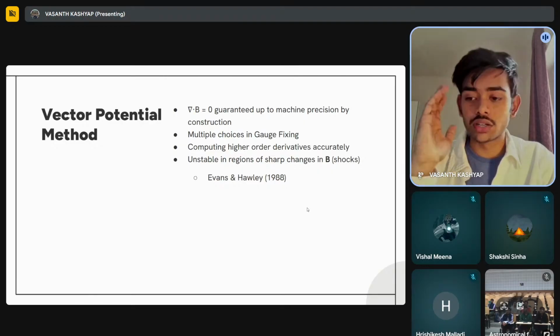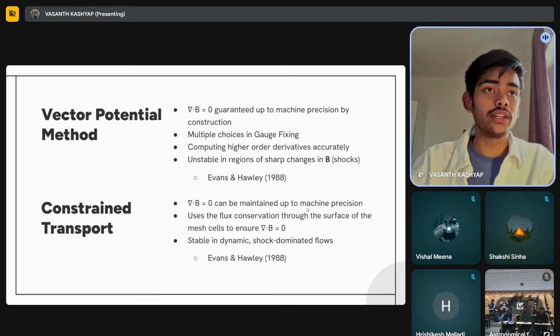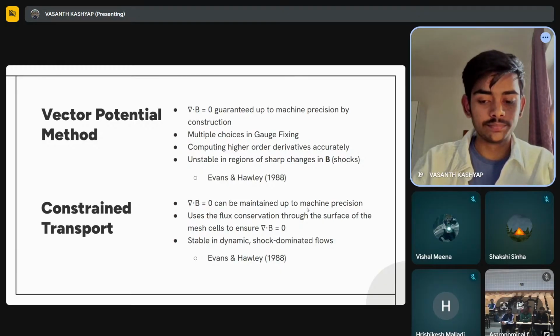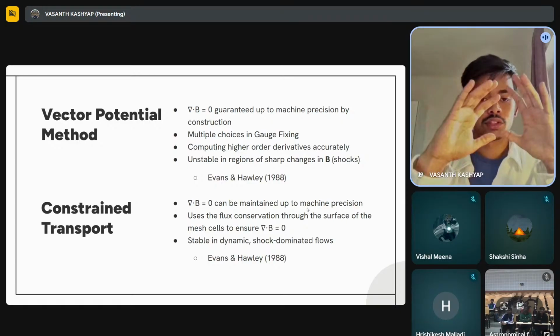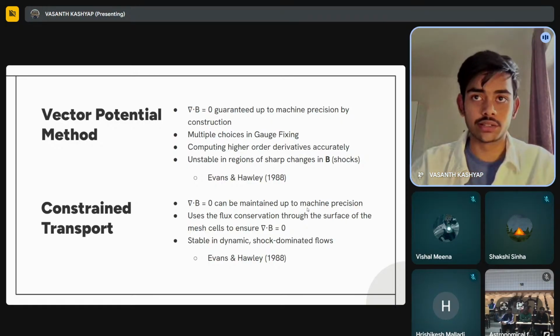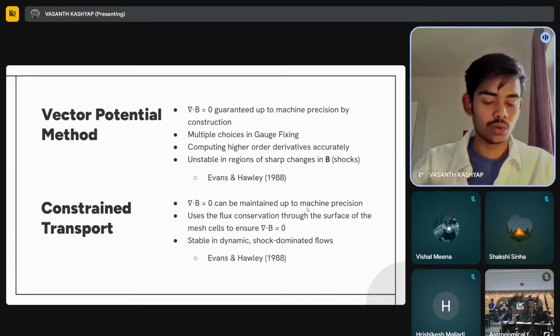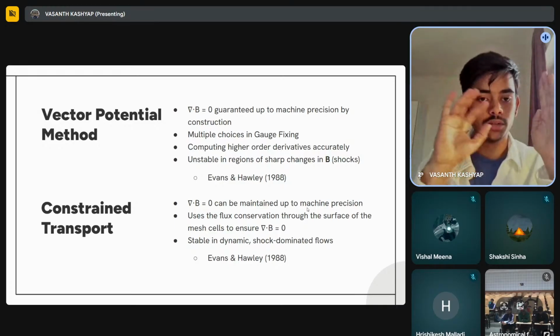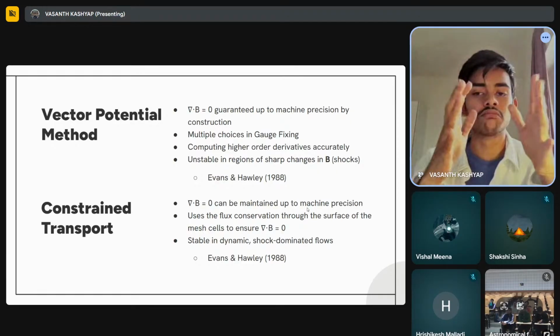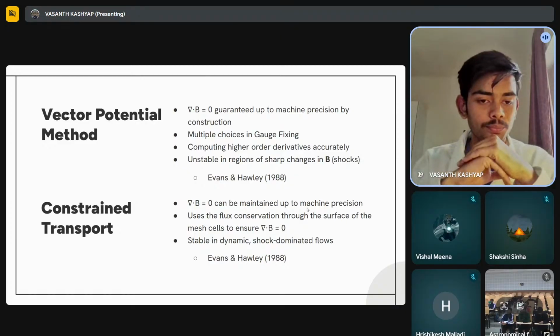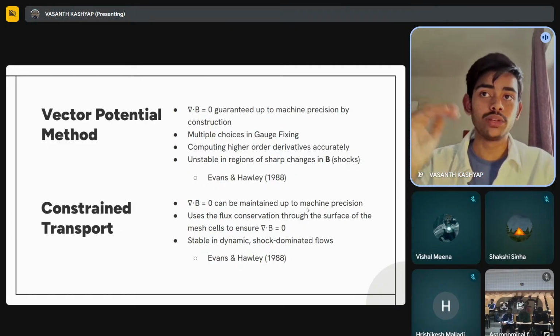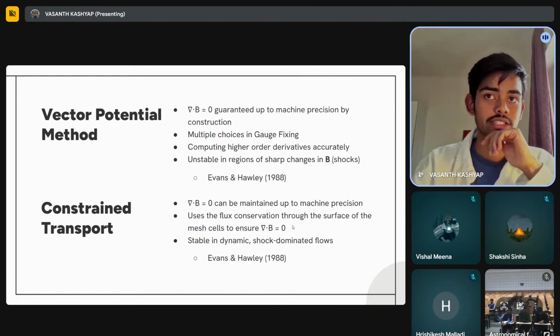The shocks have this problem, and then the next one is called constraint transport. Constraint transport is basically, instead of solving one face at a time, you solve across all faces simultaneously. You have multiple Riemann problems, and let's say if you have a square box, then you have 6 faces, and across these 6 faces you solve them at the same time, and you ensure that the div B condition is always 0.